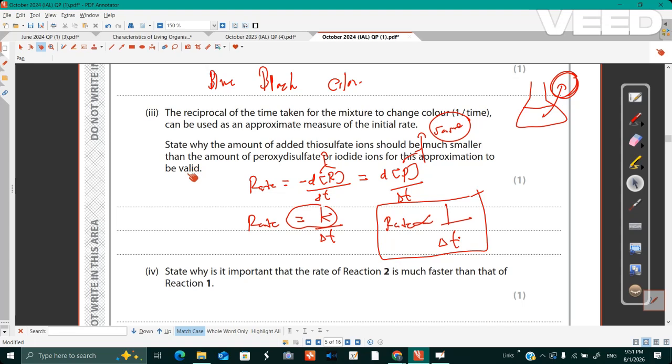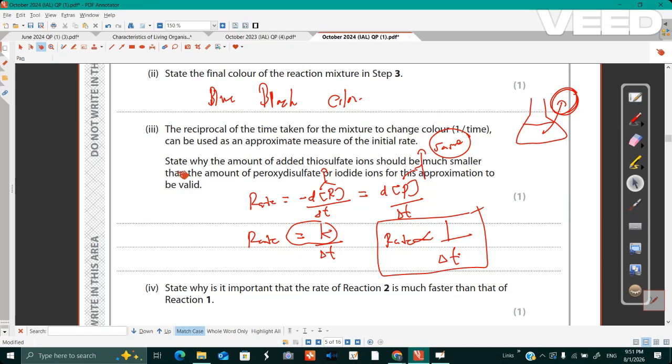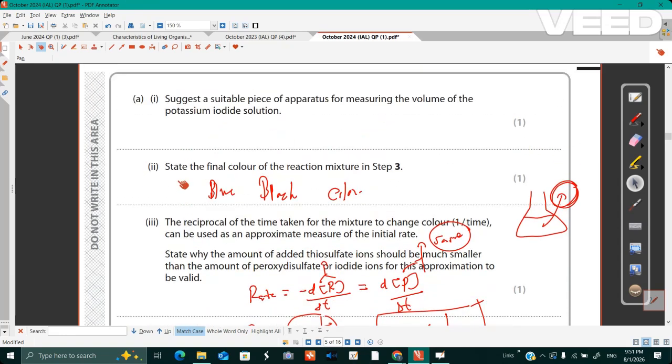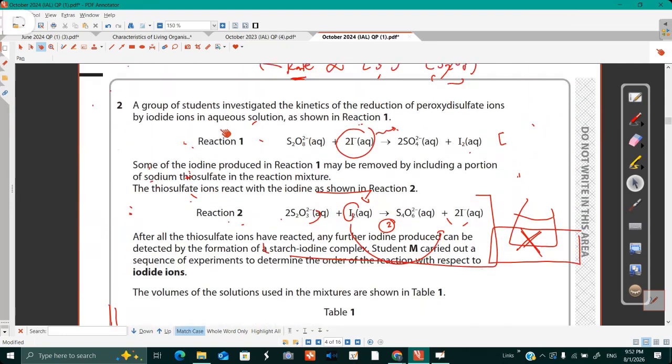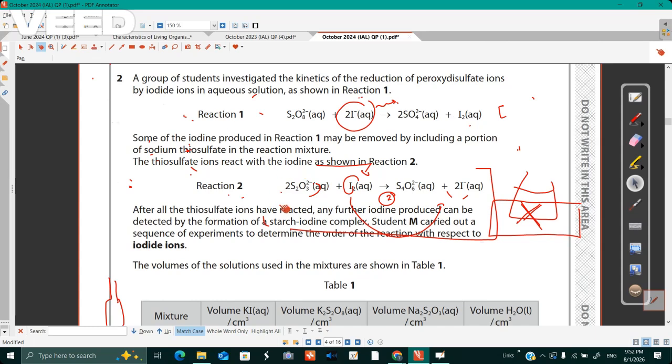State why the amount of added thiosulfate ion should be much smaller than the amount of peroxydisulfate and iodide ions for this approximation to be valid. Thiosulfate is low. Why? We have discussed it, right? If we add a greater amount of this, what will happen?